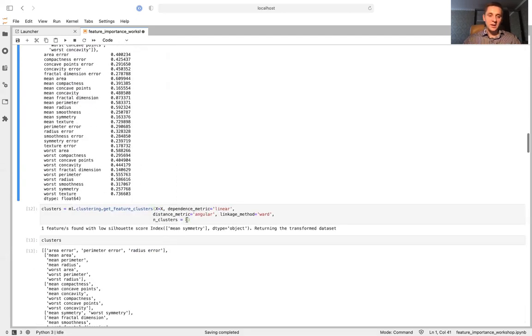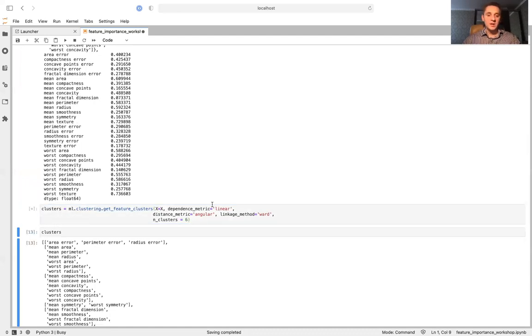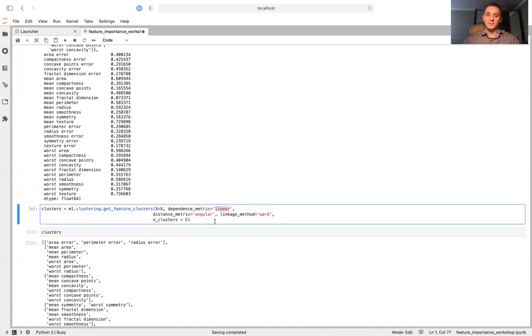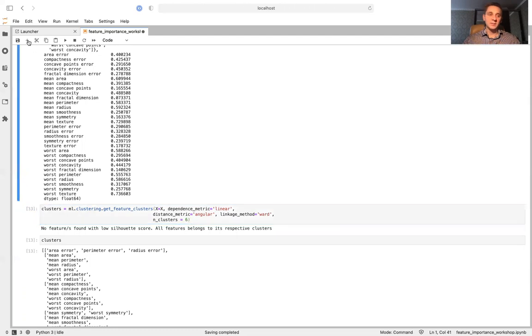So let's see if we set the optimal number of clusters for agglomerative clustering and see what kind of clusters we get. Here we use linear as input, the distance matrix is angular, the linkage method is ward, and the number of clusters is 6.